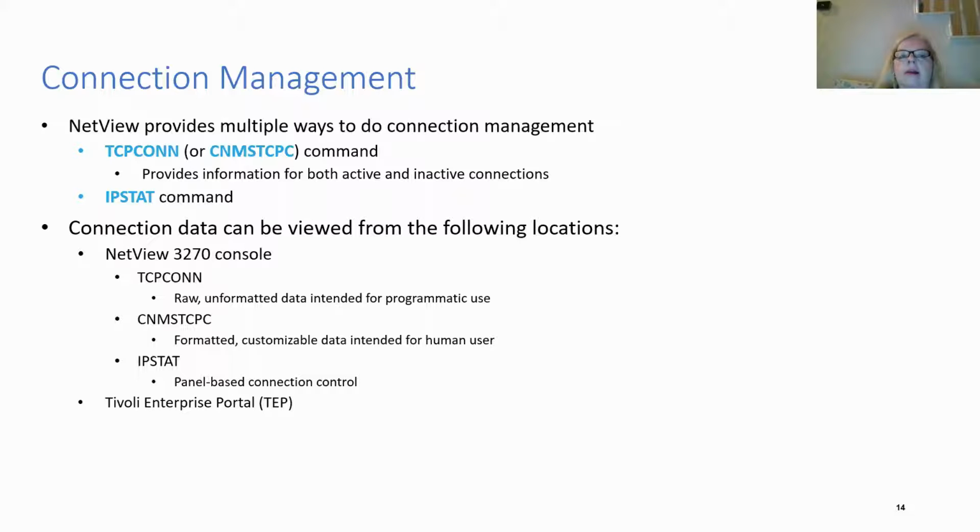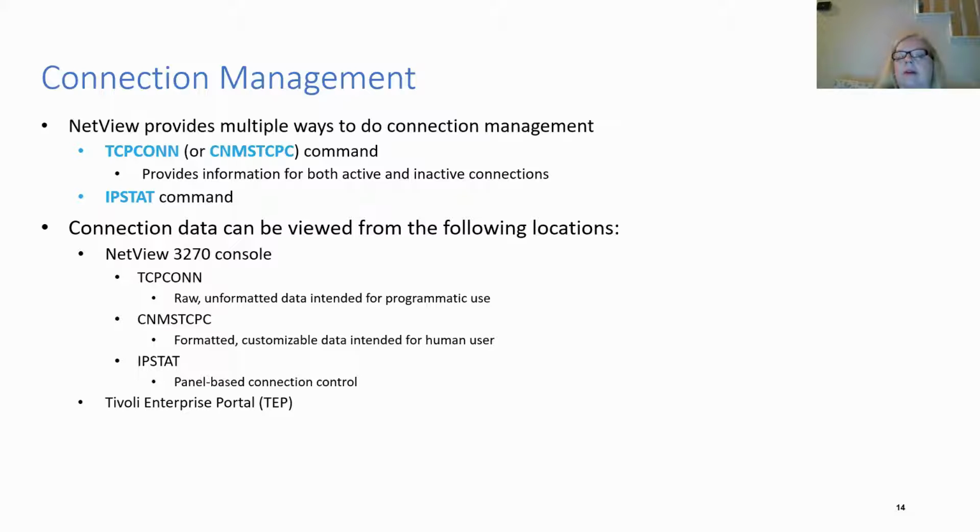So using connection management, we have a TCPCONN command, where the output is raw and unformatted, which is basically used for a programmatic interface. CNMS TCPC is a customizable sample where the output is readable. We provide column headings and things like that.